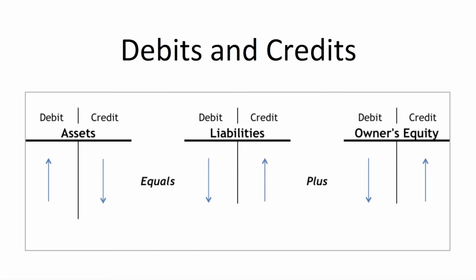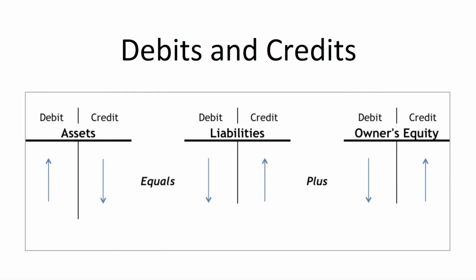So assets increase with a debit and they decrease with a credit because they're on the left side of the equation. And then the right side of the equation, the liabilities and the equities, they increase with a credit and they decrease with debits. And this allows our equation to always stay in balance. Now, for any given transaction, the debits for that transaction must equal the credits for the transaction.